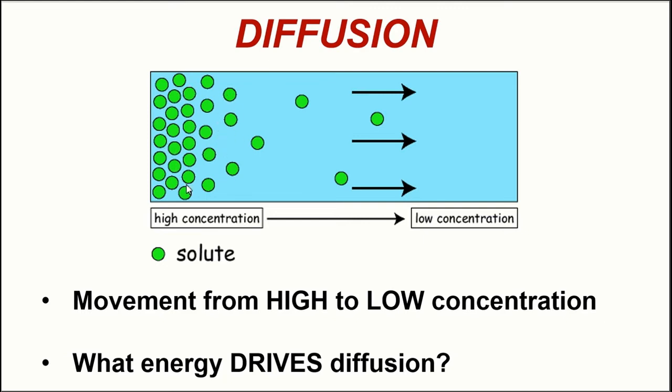On the left side of this diagram there is a high concentration of these solutes, and towards the right side there is a lower concentration. When the solute diffuses, it will tend to move randomly from this area of high concentration on the left to this area of low concentration on the right. As I mentioned earlier, the energy that drives this diffusion is referred to as kinetic energy.